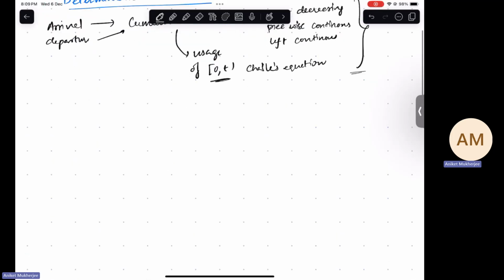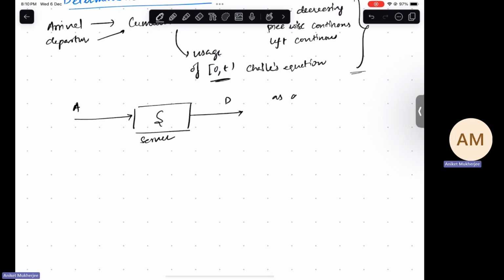So today we will start again by defining what a server is. Just to remind everyone of the motivation: we are trying to formulate our queuing system, a server S, an arrival process A, and a departure process D, as a linear system.